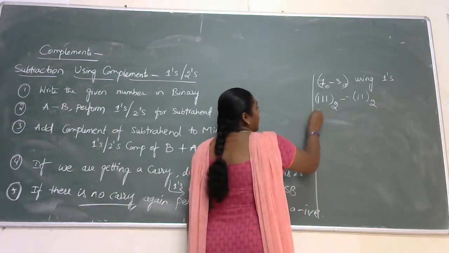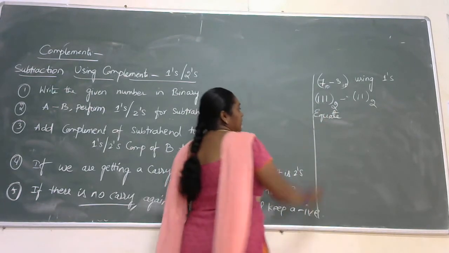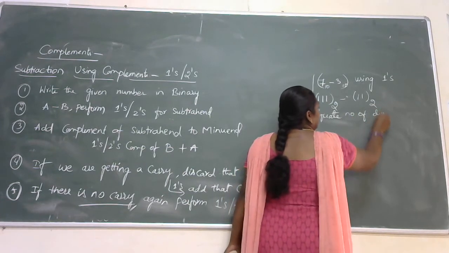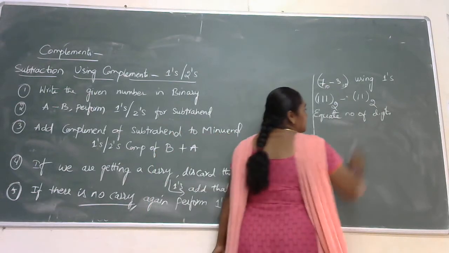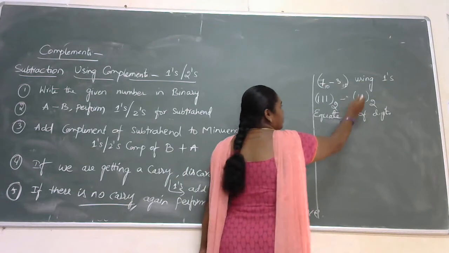So we need to equate the number of bits or number of digits. So here equating the number of digits is nothing but adding or appending a 0 to that number.